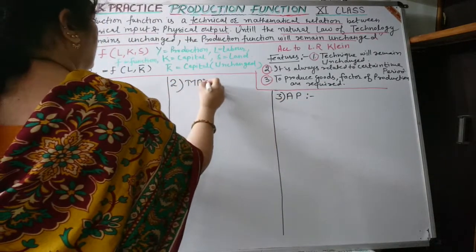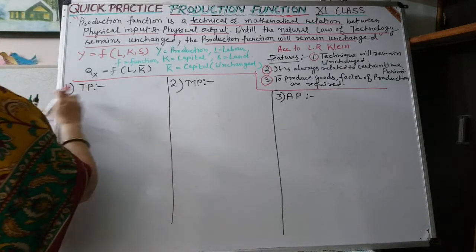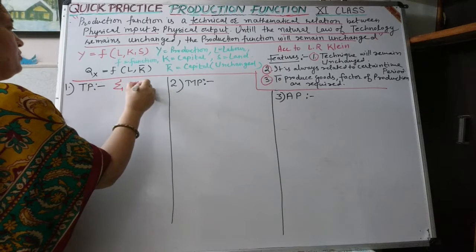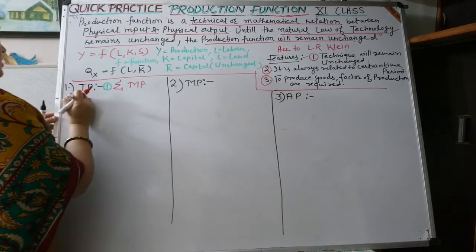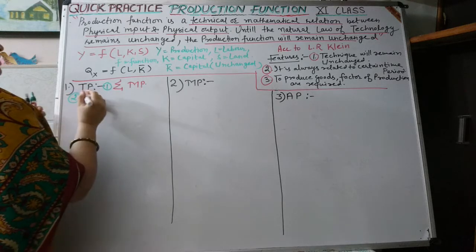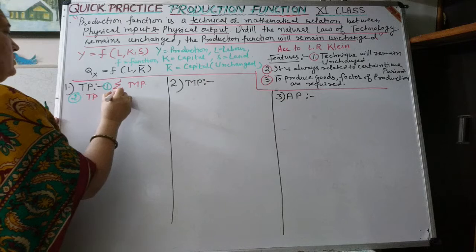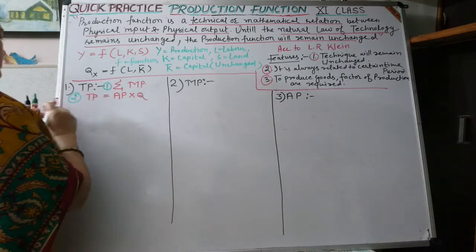So let us start with their formulae. Total production is the summation of marginal production. First formula. Number 2, total production is equal to average production multiplied by quantity.